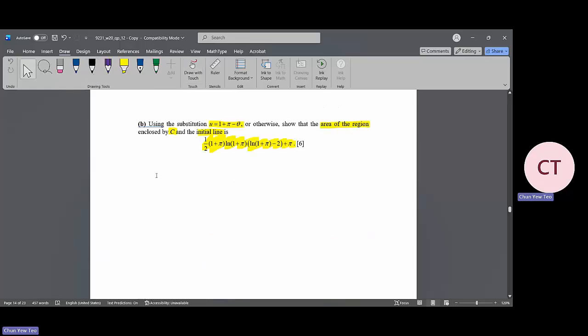So over here, just write area is equal to half, integral from 0 until pi, of r square d theta. We do not need to write r square anymore. Just directly write r as ln of 1 plus pi minus theta, the whole thing you square it.